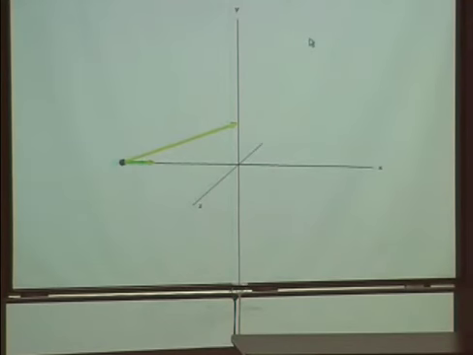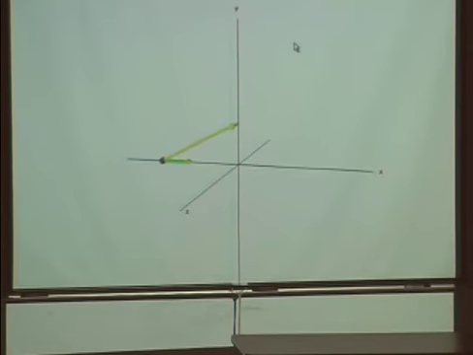Think about what direction the magnetic field at the observation location is. What cross product do we use to get that direction?